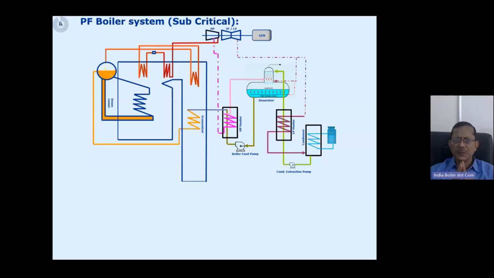In a high pressure power system, the turbine has two parts: one is the HP part and another is the IPLP part of the turbine. In the HP turbine, the steam is expanded to a pressure of around 30 kg per centimeter square and a temperature of around 300, 320 degrees centigrade.